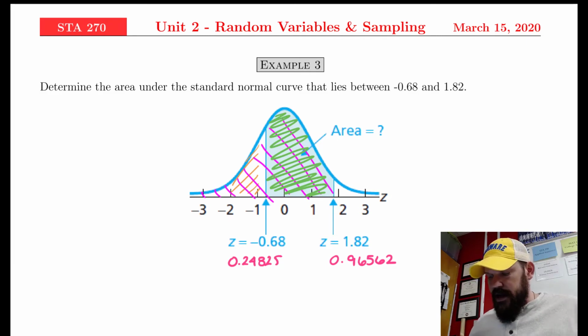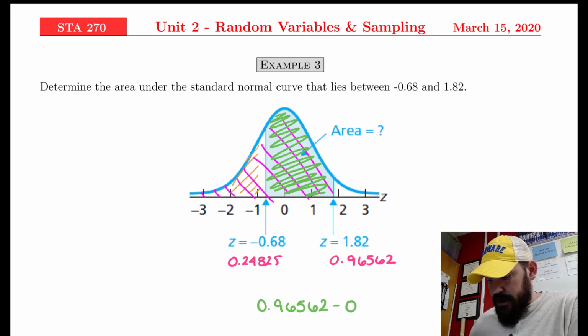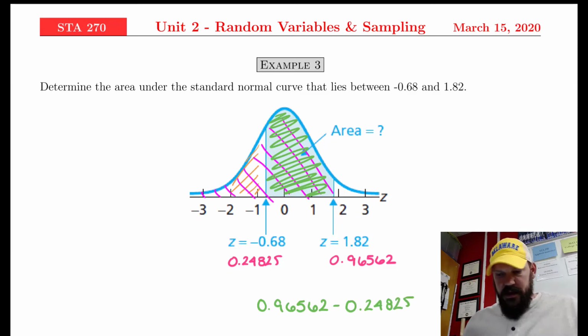So to find the area in green, which is the area to the left of a z-score of 1.82, but not including the area to the left of negative 0.68, we just take 0.96562 minus 0.24825, and we will type that in.